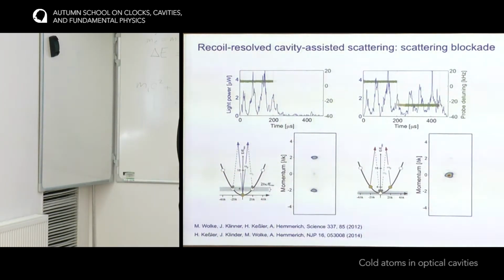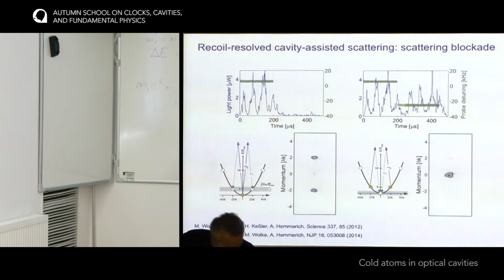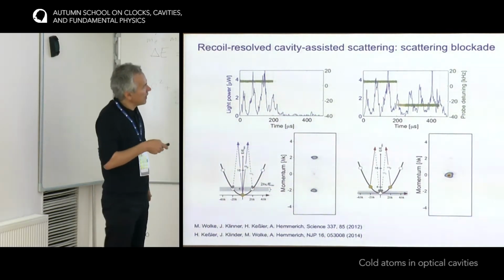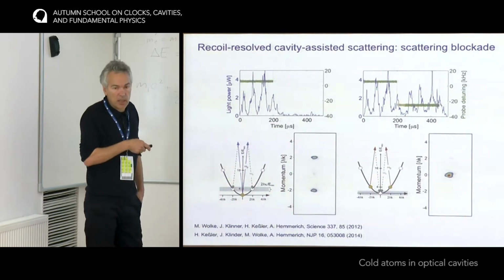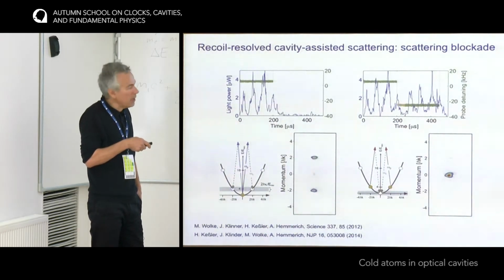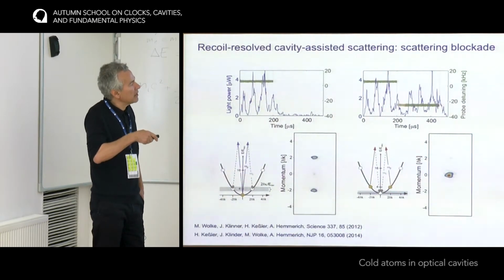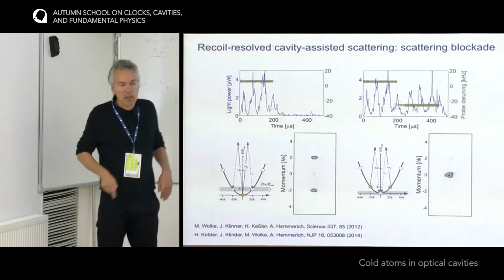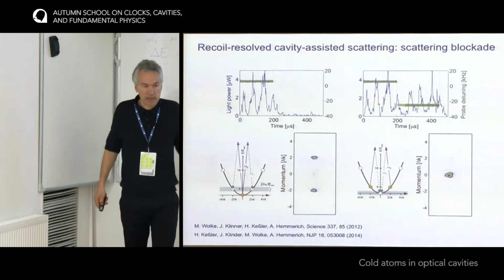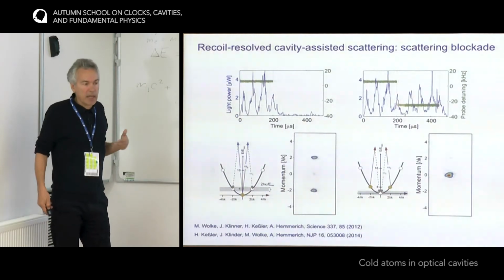Okay, so this is the typical thing that you see if you do axial coupling, and you can obviously use that if you want to put together a cavity cooling scheme by using many of these red detuned pulses, starting with a sample that is not yet a Bose condensate, but occupying many higher lying momentum states.